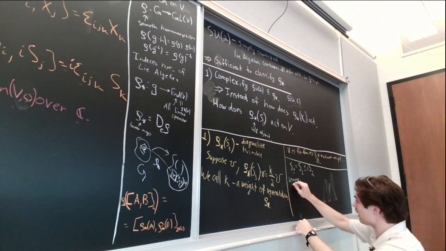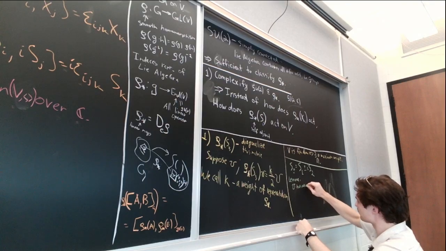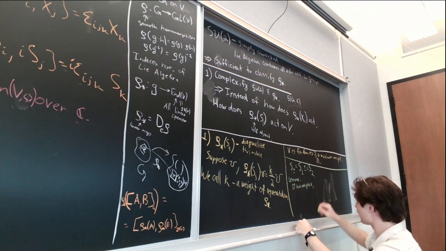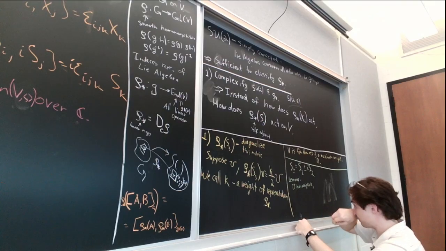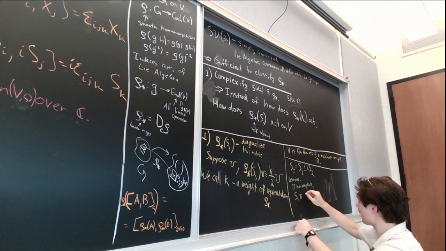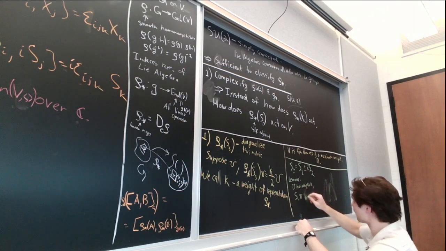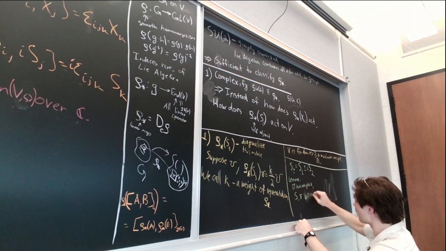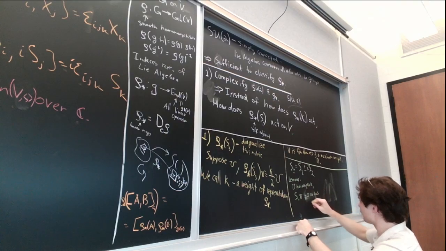If V has weight K, then S minus applied to V is either 0 or has weight K minus 2.